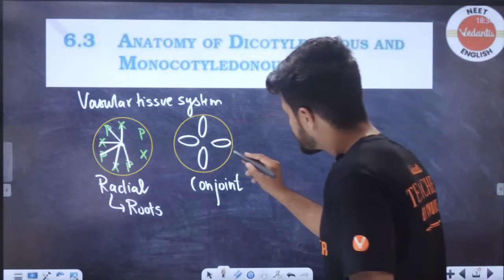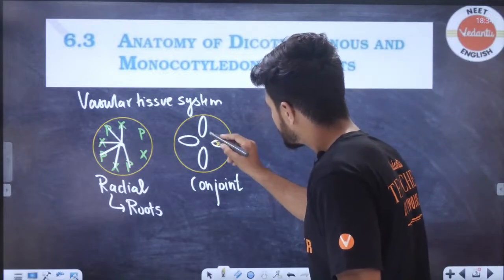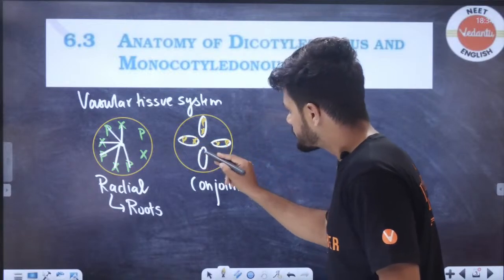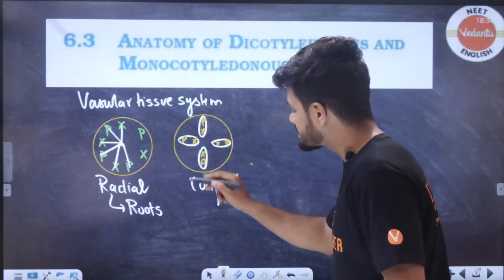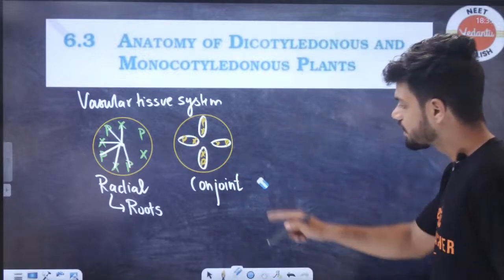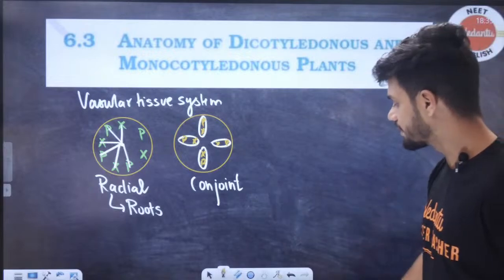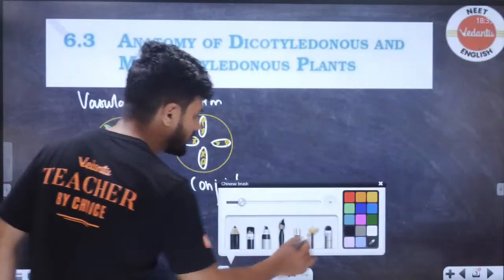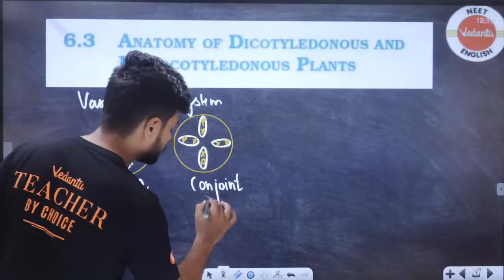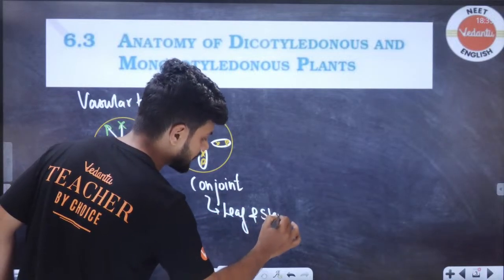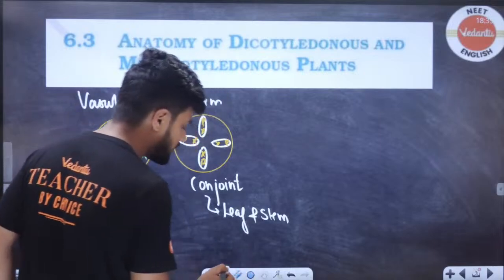Here we have xylem, phloem, xylem, phloem, xylem, phloem. Xylem and phloem are on the same radius. That is called conjoint arrangement. It is found mostly in leaf and stem.